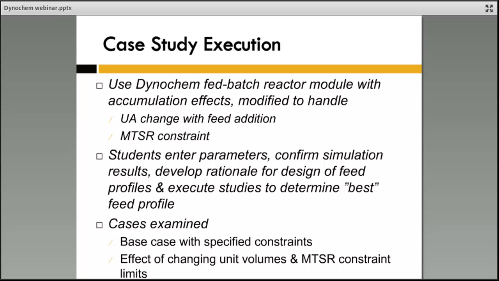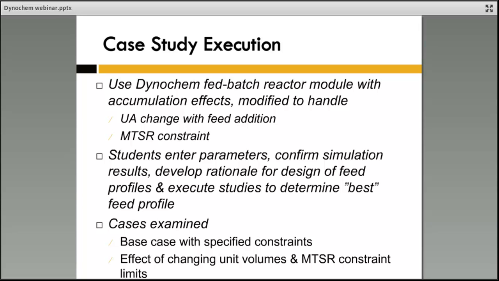So we use the DynoChem fed batch reactor model. The version we use, we just modified it to include that MTSR constraint, and they enter the parameters and then carry out the case studies. And one could define a whole series of different case studies. That's a very nice, convenient feature of using DynoChem.